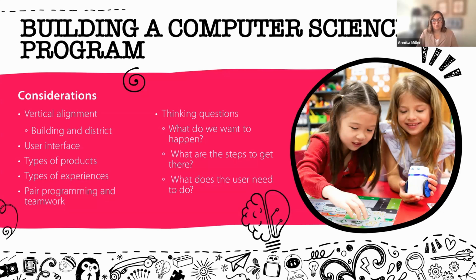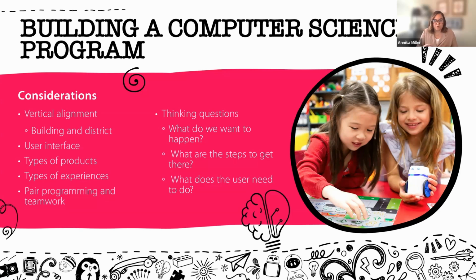From there, you can decide what's best for each grade level in terms of user interface, so either screen-free or maybe a web-based app, and products that support the concepts and build teamwork through age-appropriate pair programming. Students find it really easy to focus on the big picture and end result, so you want to choose a product that helps them decompose that into smaller details and answer thinking questions like, what do we want to happen in this specific moment?